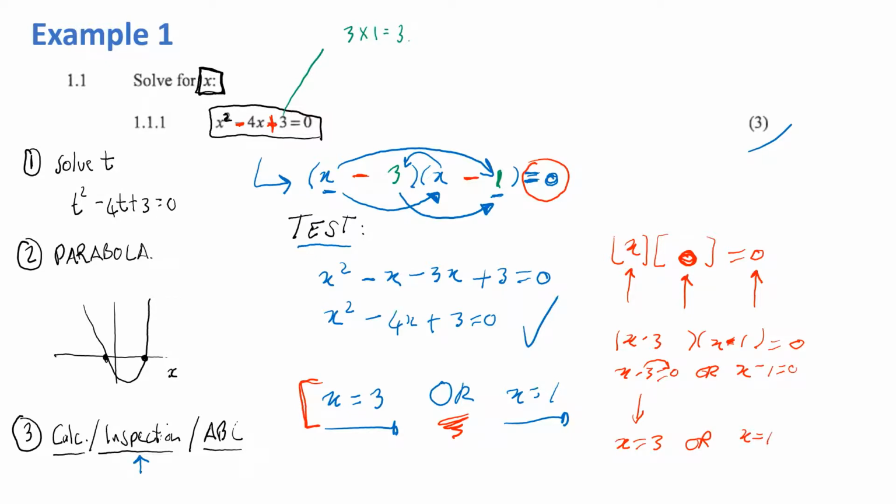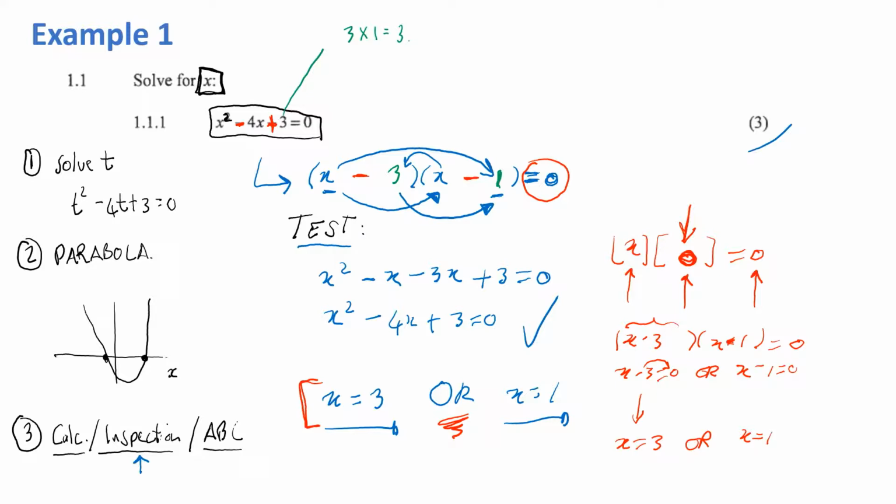But the reason for this solution is the fact that something in a bracket multiplied by 0 will always be 0. Okay? So that was the first example. I hope it's okay for you guys.